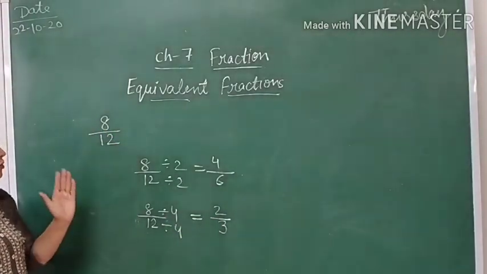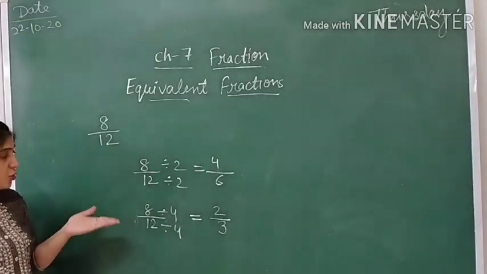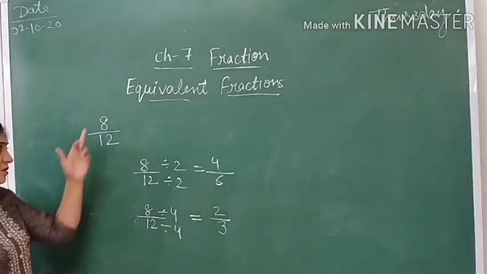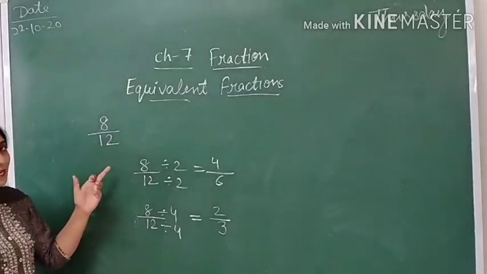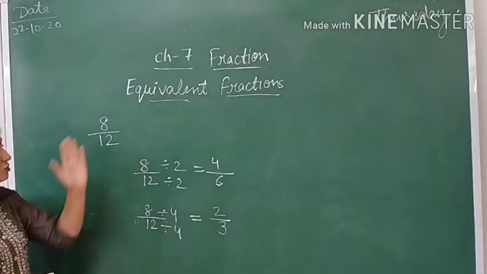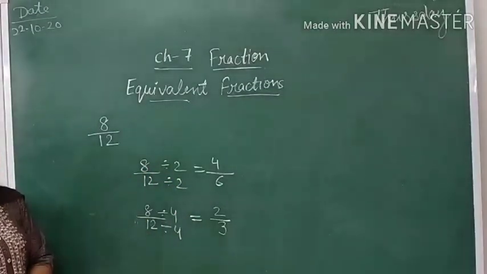This is the formation of equivalent fractions by dividing numerator and denominator with the common factors of numerator and denominator. मतलब कि न्यूमरेटर और डिनोमिनेटर के जो कॉमन फैक्टर हैं उनसे डिवाइड करके भी आप इक्विवेलेंट फ्रैक्शंस फाइंड आउट कर सकते हो.